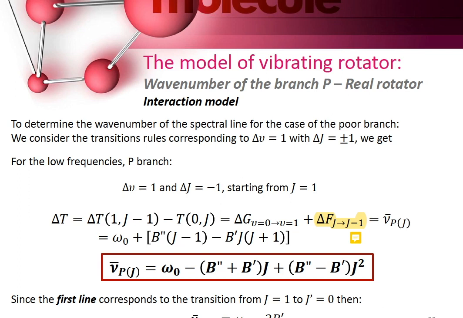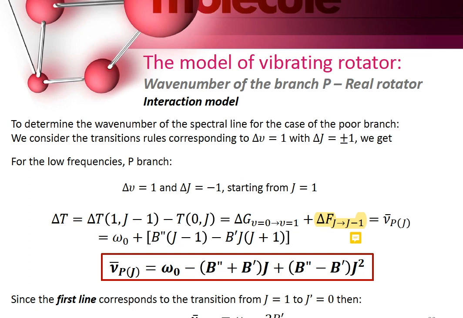And when we do this delta G plus delta F, we get this expression of the spectral line. So that's the wave number of the spectral line for the pool band. Now, what interests us is the first line in the pool band.